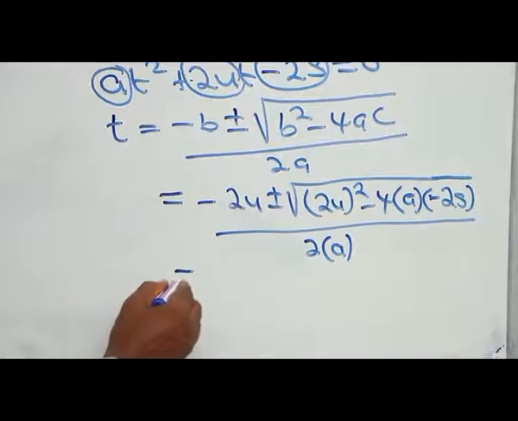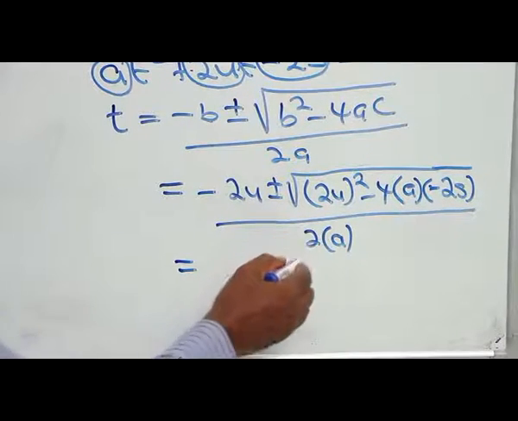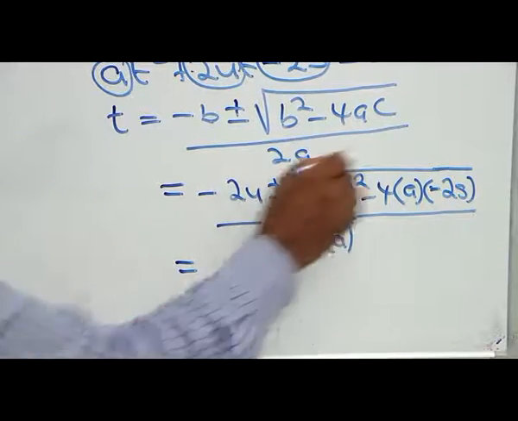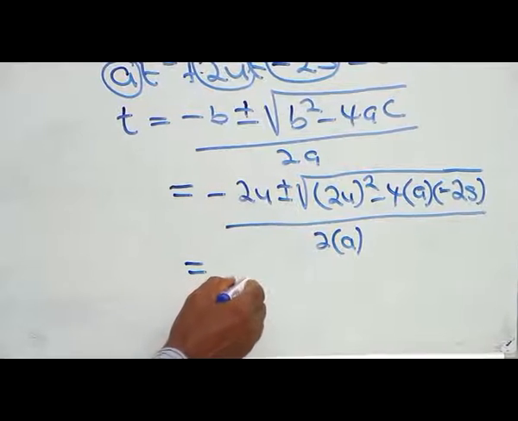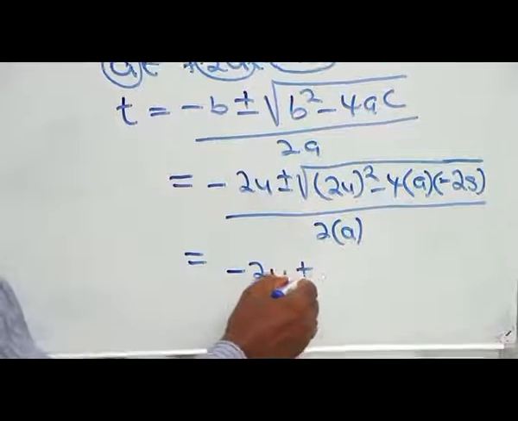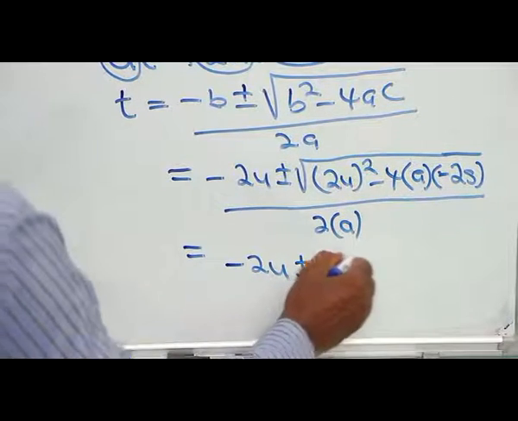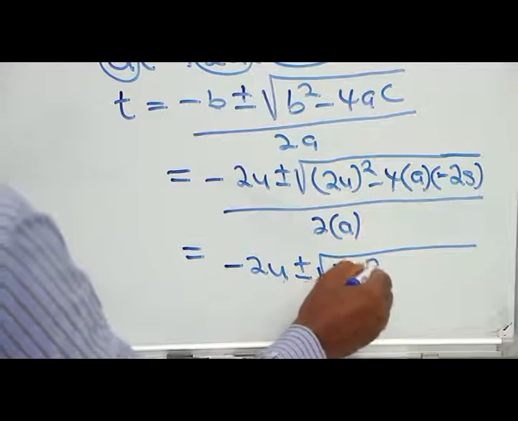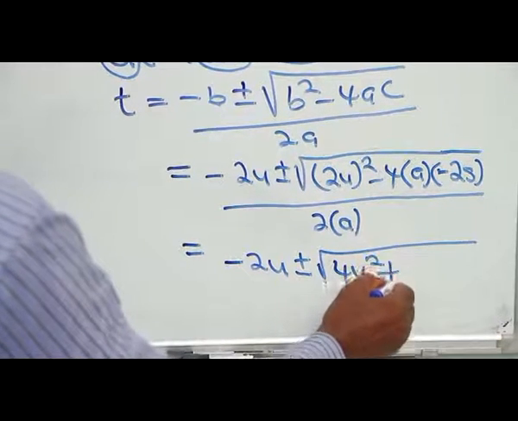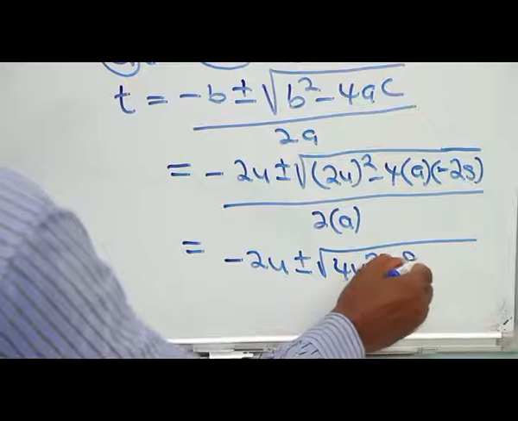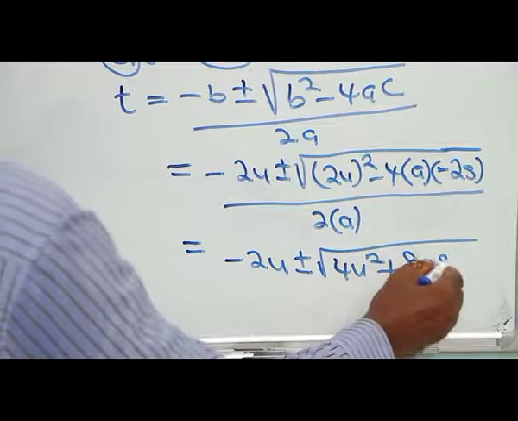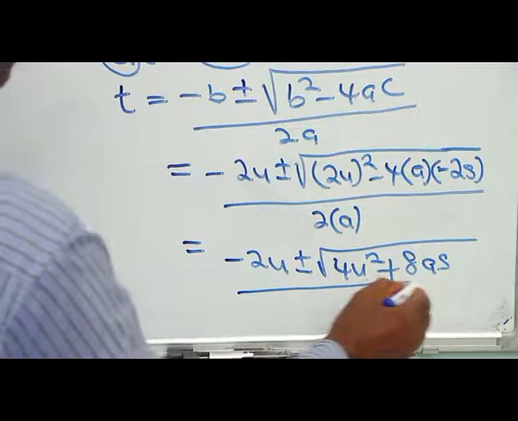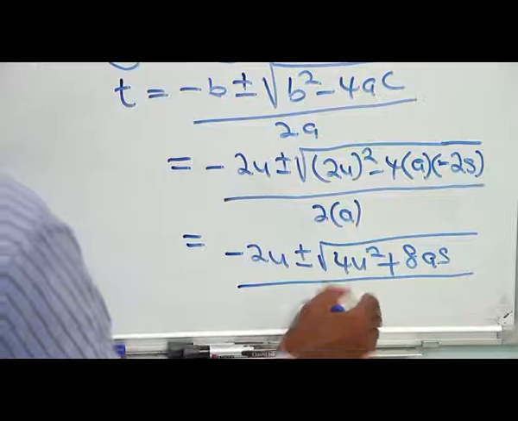Now, do not hurriedly cancel 2 and 2 here. We still work on the numerator. So that becomes minus 2u plus or minus the square root of, this is now 4u squared. Minus times minus is plus, 4 times 2 is 8, and a times s. Everything here will be divided by 2a.